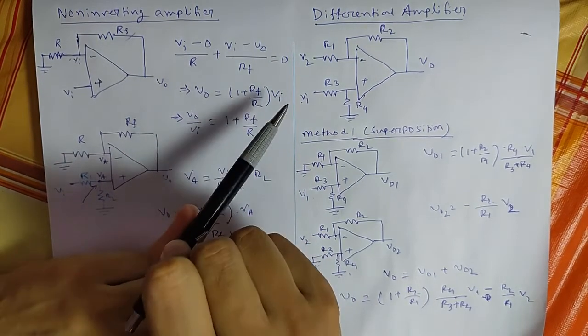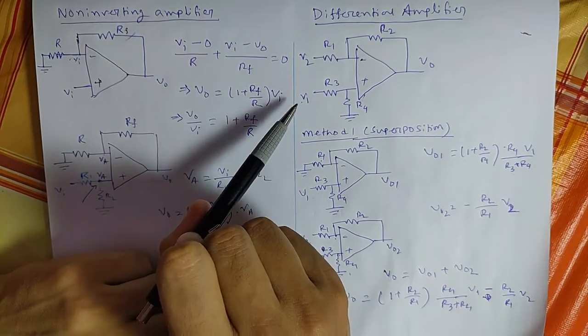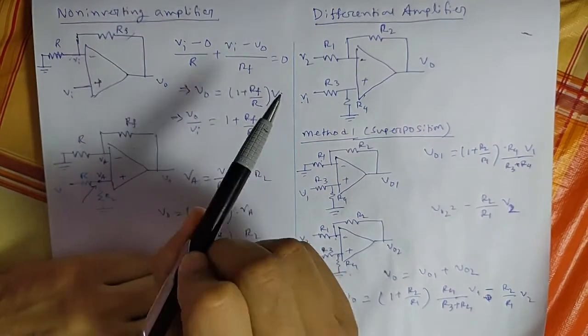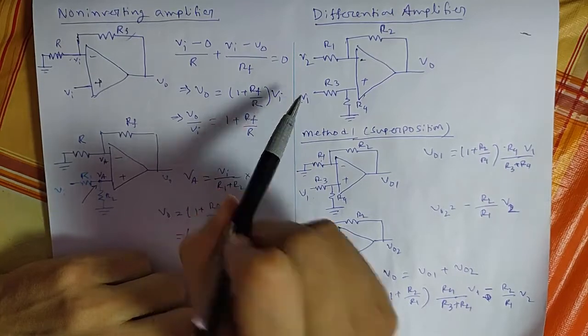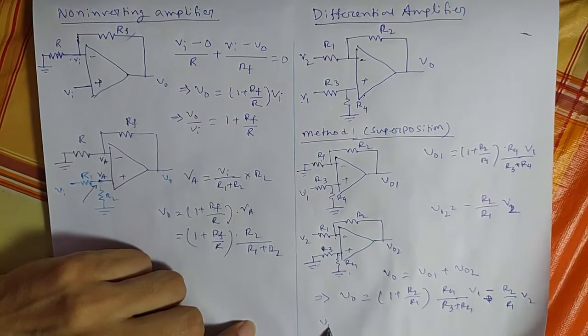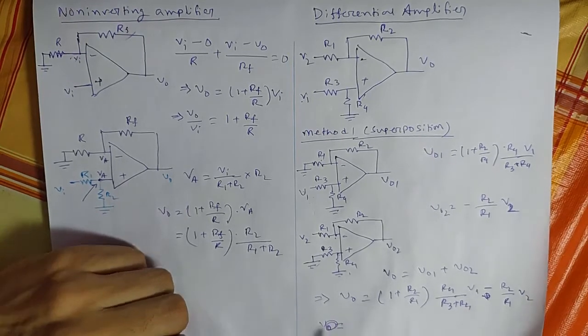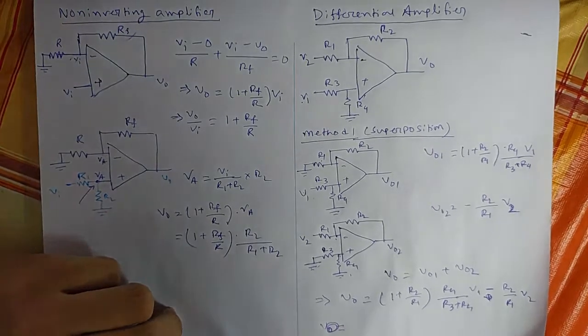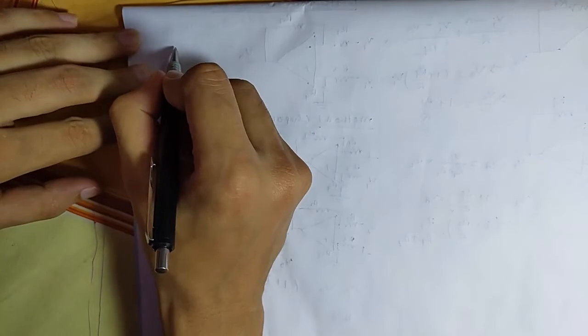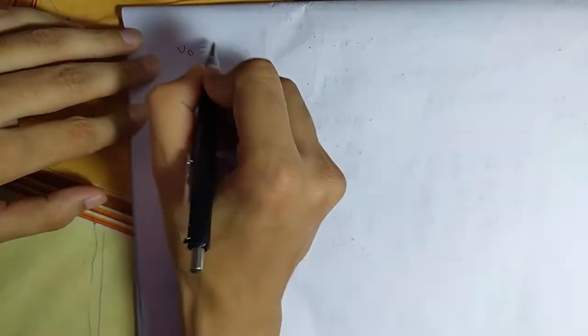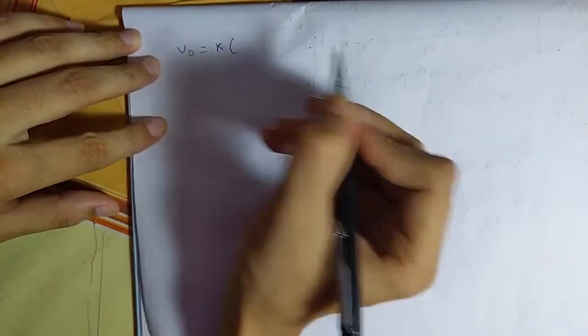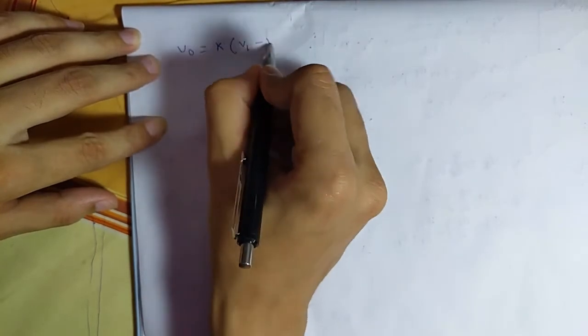So we want V0 to be k times V1 minus V2.